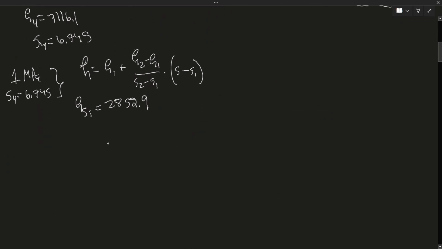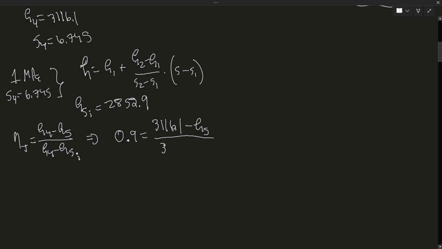So what that means is this. Where the bottom is ideally at 100%, okay? That means 0.9 equals H4, which is 3116.1, negative our actual H5, divided by 3116.1, negative what we just found in the tables, 2852.9.